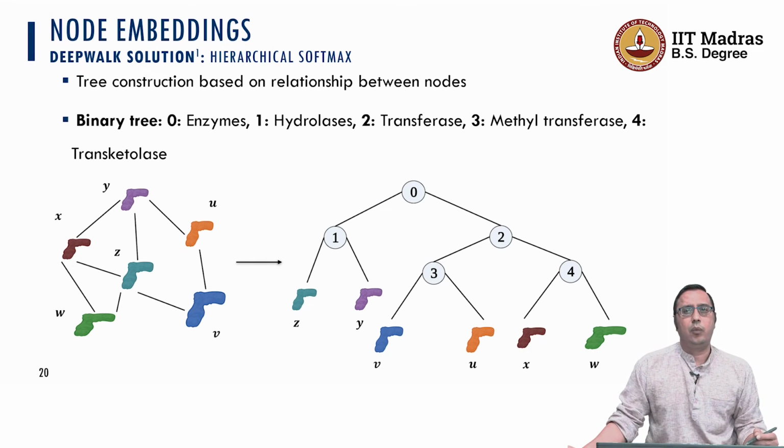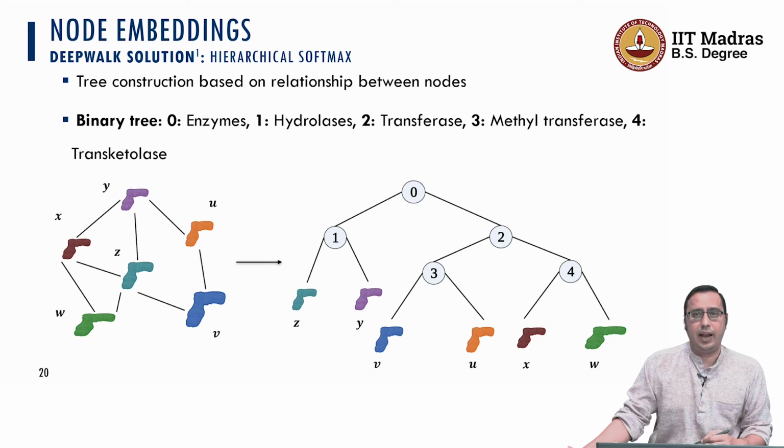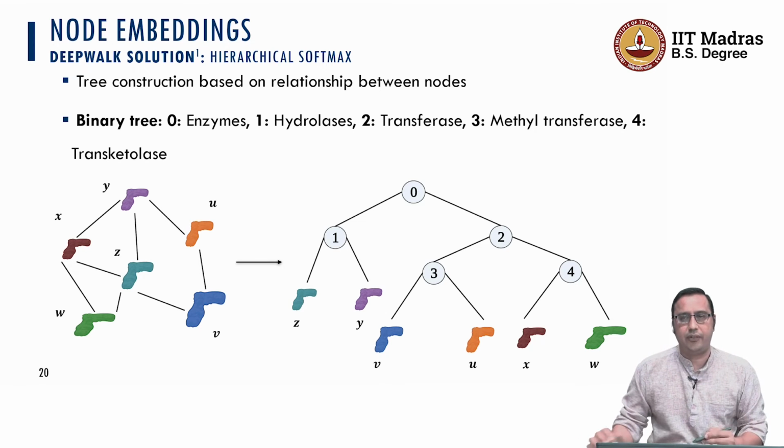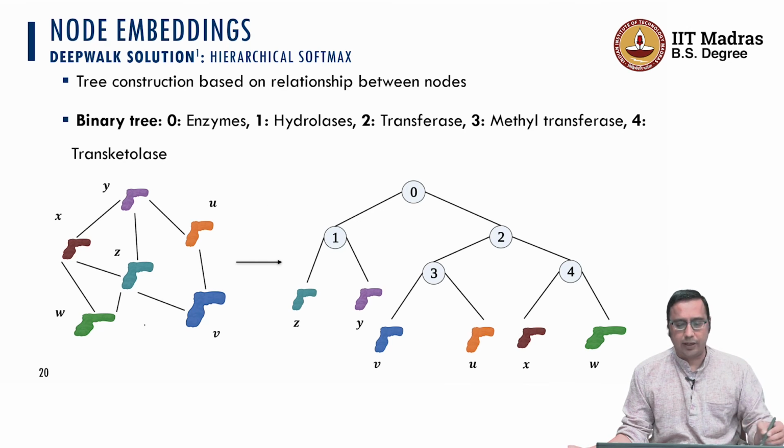Now, one more question someone can have is how to construct the binary trees. In many applications, you can actually construct binary trees in a systematic manner. For example, I have given you one biological example here, where the tree is constructed based on the relationship between nodes using some kind of biological significance.